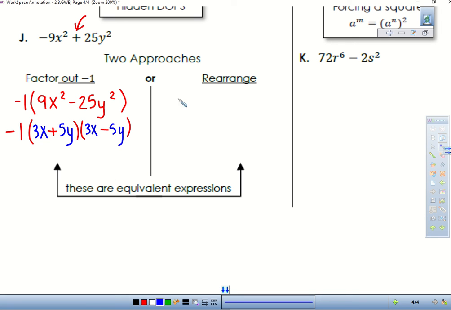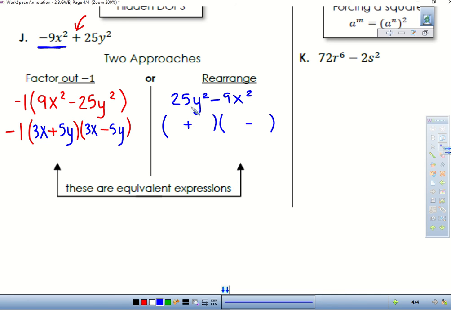Now the other method would be to rearrange by putting the second term first and the first term second. Be aware when you rearrange terms in math, whatever sign that number has comes with it. So this is now going to factor into two binomials, a positive and a negative.